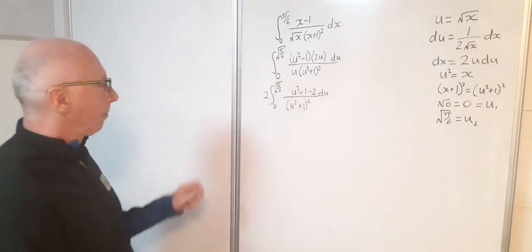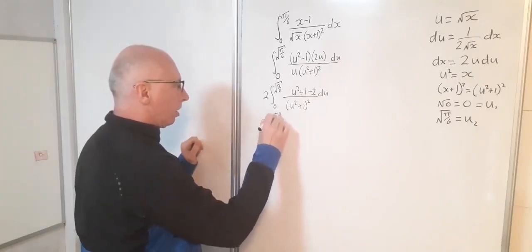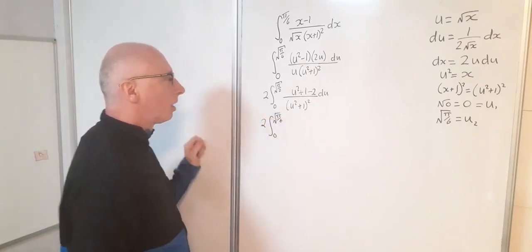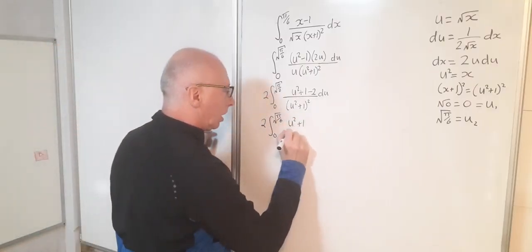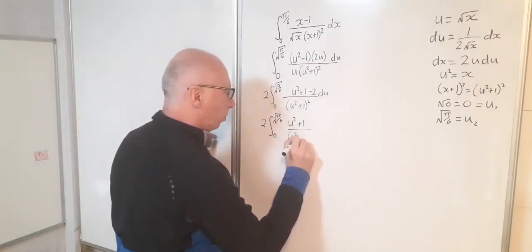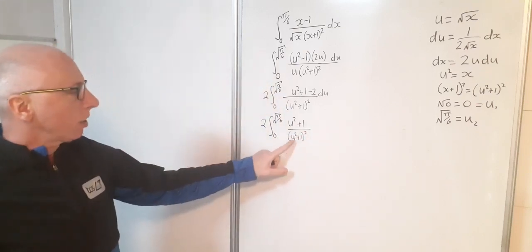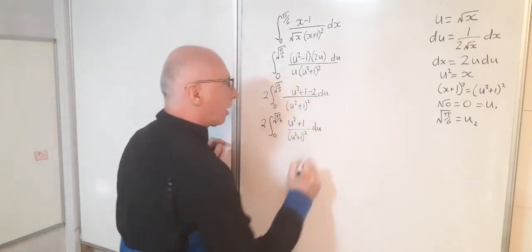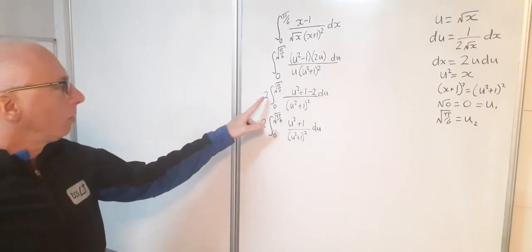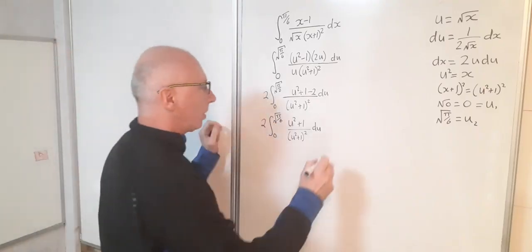So let's do that. So now I've got 2, integral from 0 to square root of pi over 6, of u squared plus 1, so that's going to be my first part of my integral, over (u squared plus 1) squared, and then that's going to be a du. And then I'm going to have another integral, which, don't forget, has this constant multiple and our bounds of integration.